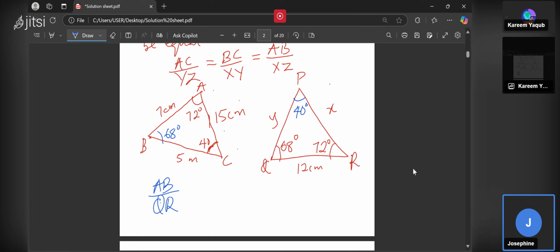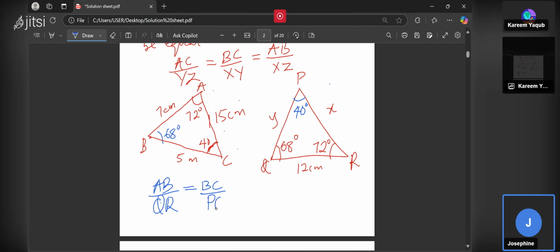Equals to, if I pick BC here, you can see that I'm starting with the first shape. Once you start with the first shape, that's how you're going to finish it. So you move to the next one. BC corresponds to which one? PQ.